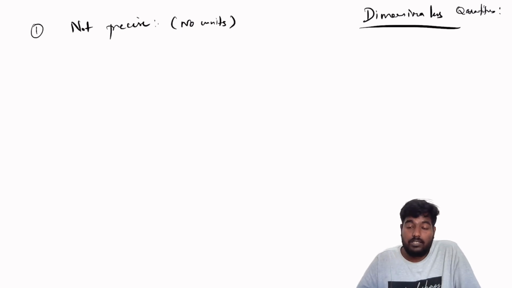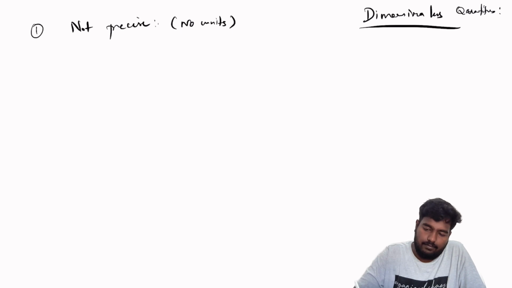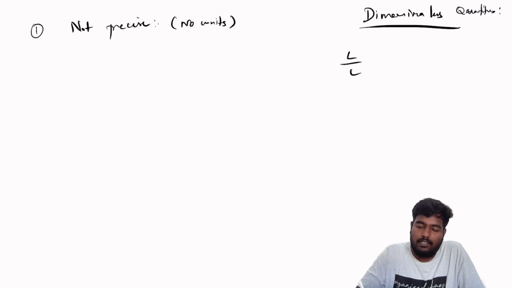For example, the ratio of any same quantity, like the ratio of length to length. In the numerator you have length, in the denominator you also have length, so overall you get a dimensionless quantity.